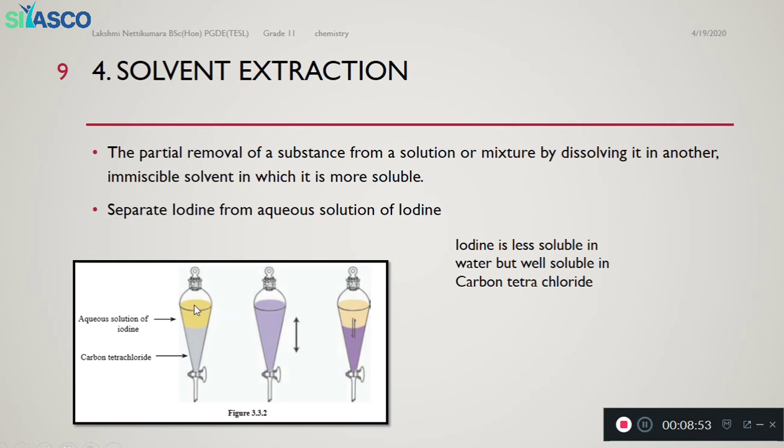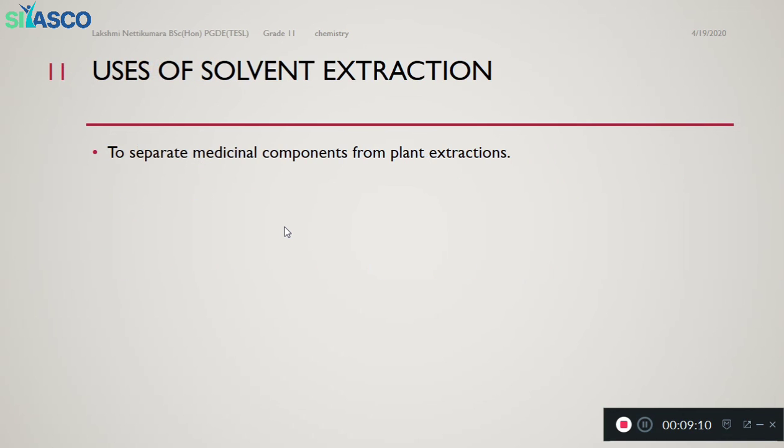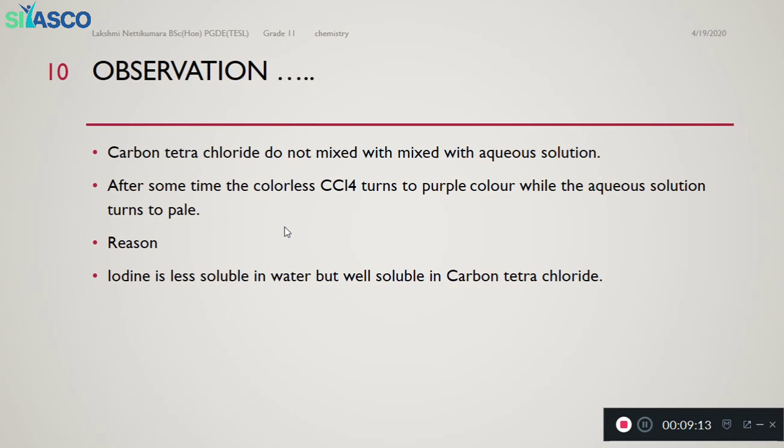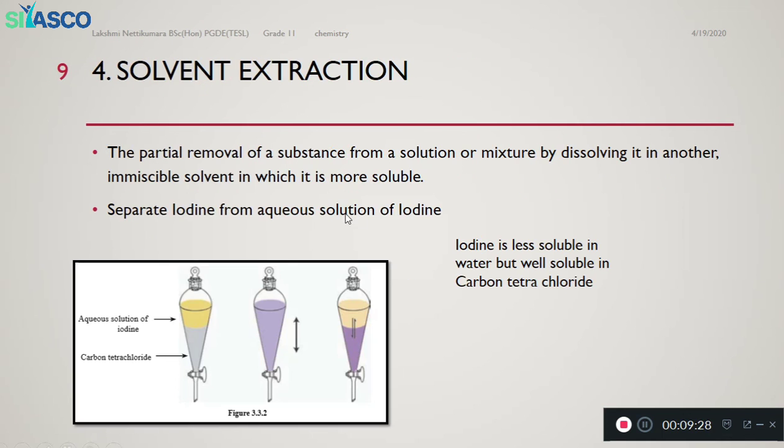Then we put these two things together and we will see later on that the solute in the aqueous solution moves to the lower part, that means to the carbon tetrachloride area. By letting this carbon tetrachloride evaporate, we can get iodine. So that is how we can use solvent extraction.